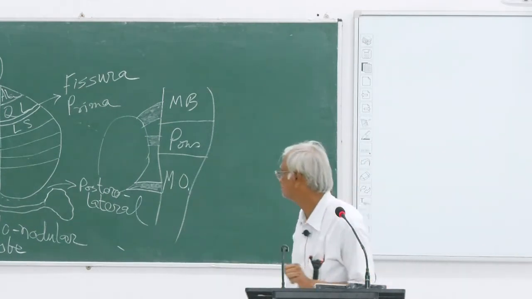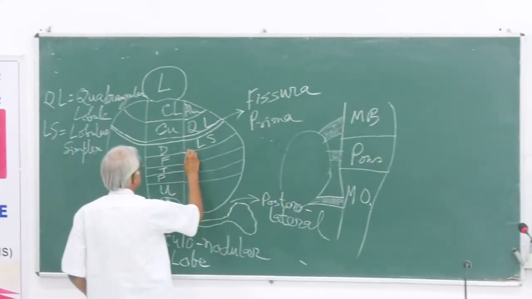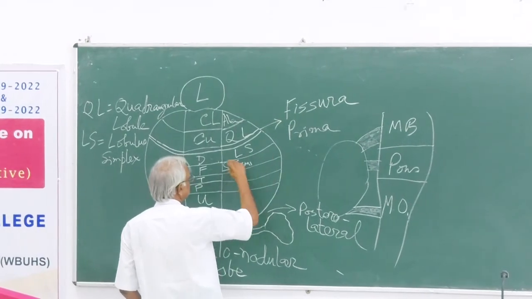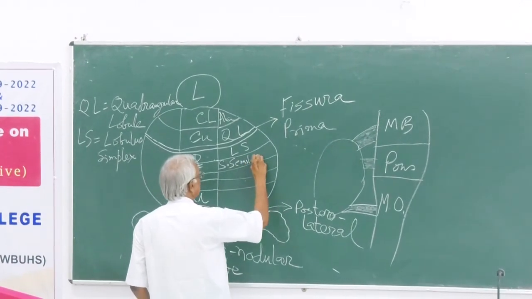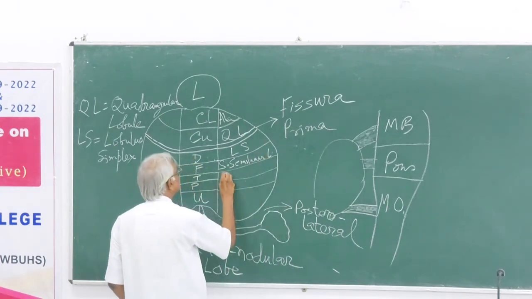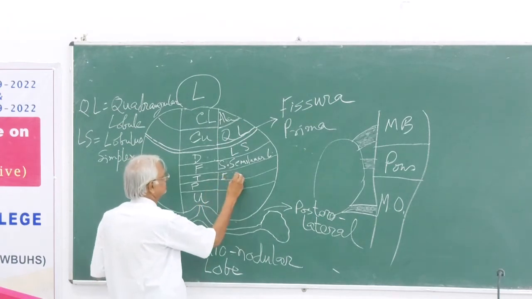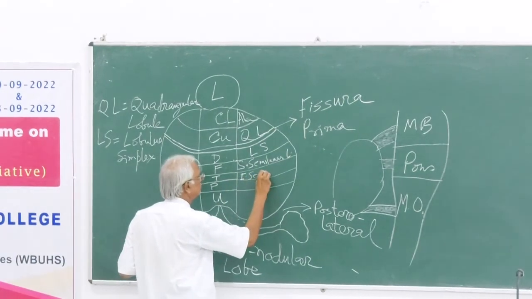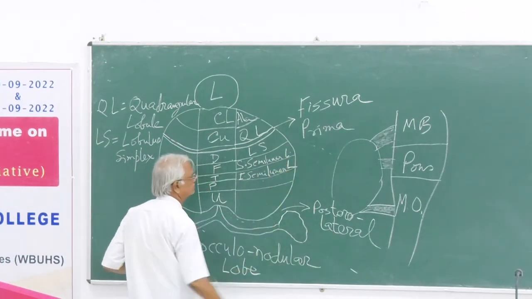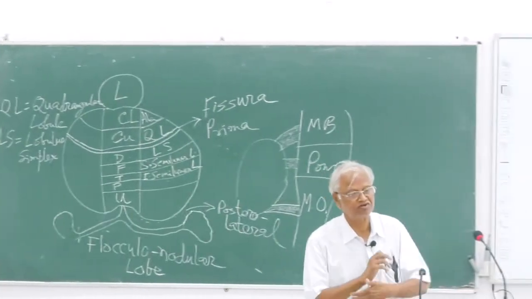Beside folium, there is the semilunar lobule. Then easily you can say the superior semilunar lobule and the inferior semilunar lobule.